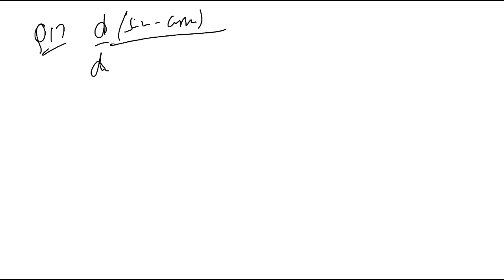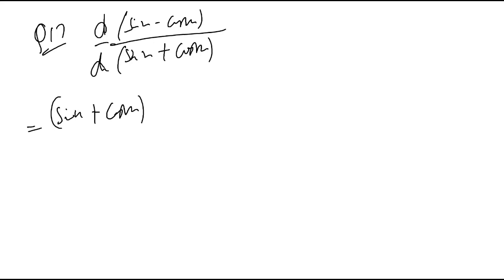I'm doing the question. This is question number 17, which says d by dx of sin x minus cos x over sin x plus cos x. Now here, the first thing is you have to put the gx as it is: sin x plus cos x and d by dx of sin x minus cos x.